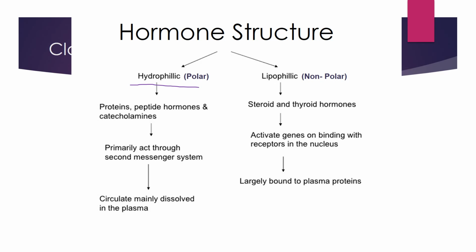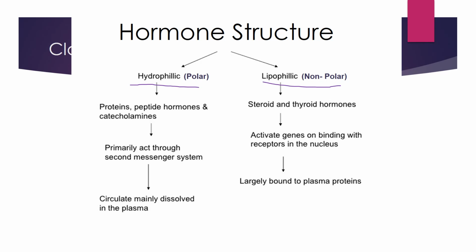Then we have the lipophilic or nonpolar hormones. These are water insoluble, however they are lipid loving, so they are often called lipophilic hormones because they are nonpolar. These can enter target cells directly because they easily diffuse across the plasma membrane, and these include our steroid hormones, our thyroid hormones, as well as melatonin.